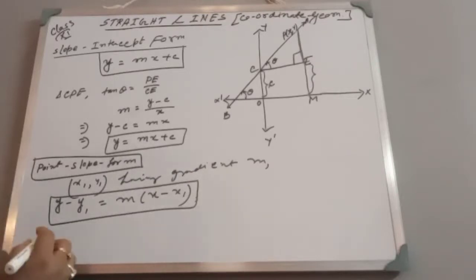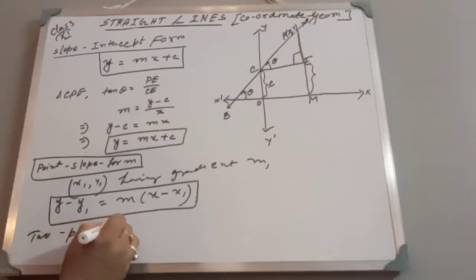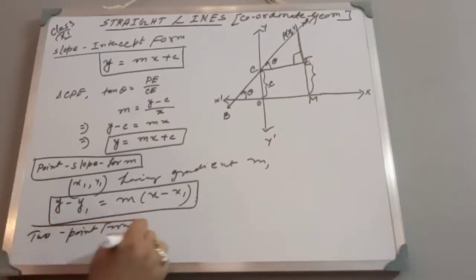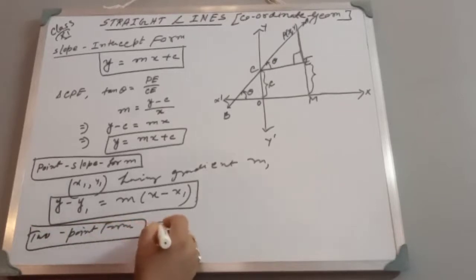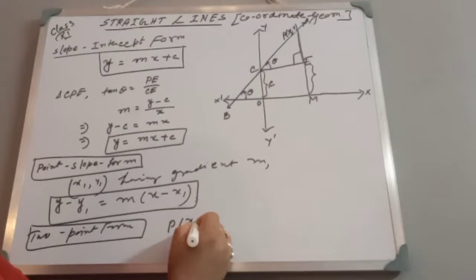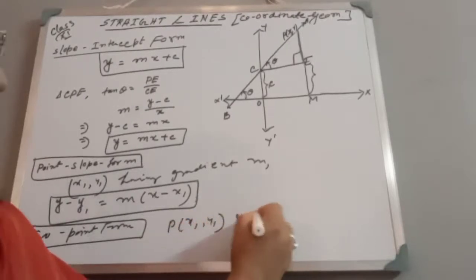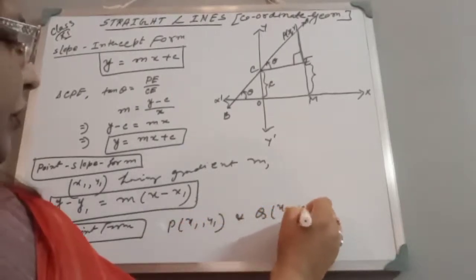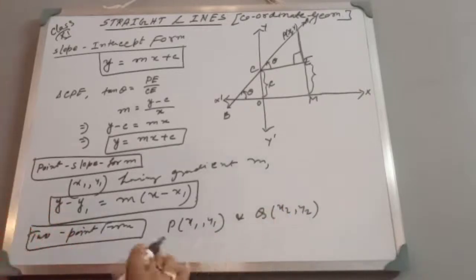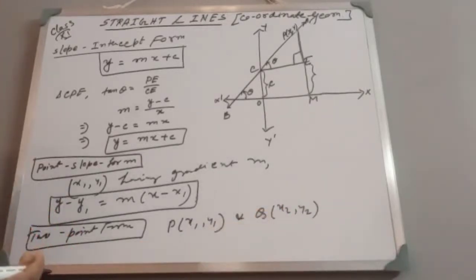Next is the 2-point form. What is the 2-point form? The 2-point form means when a straight line passes through 2 points, one is (x1, y1), another is (x2, y2), or joining the 2 points, what is the equation of the straight line?